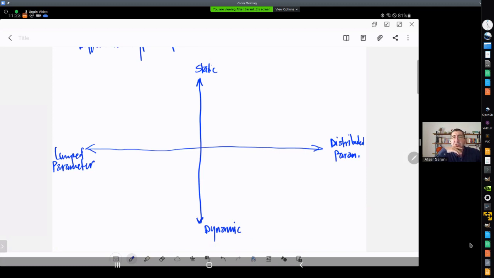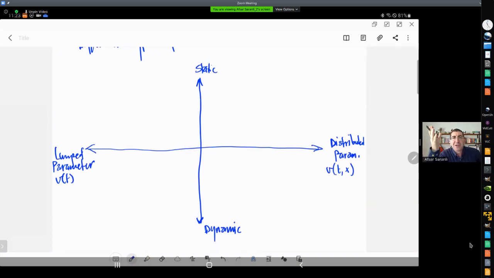A distributed parameter model is where you have variables that are both functions of time and an additional variable, for example, space. Here you can have v of t, and here you can have v of t and x. Think about a transmission line.